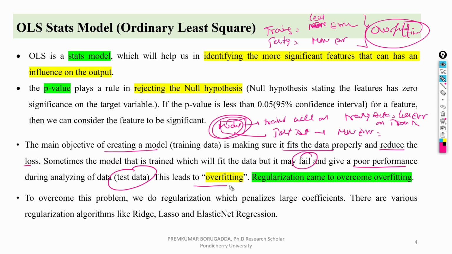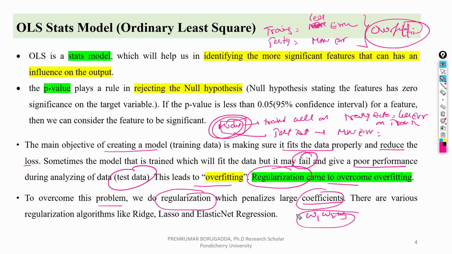This overfitting can be overcome with the help of regularization. To overcome this problem, we are supposed to do regularization. Regularization means we have to penalize the coefficients, like w1, w2, w3.